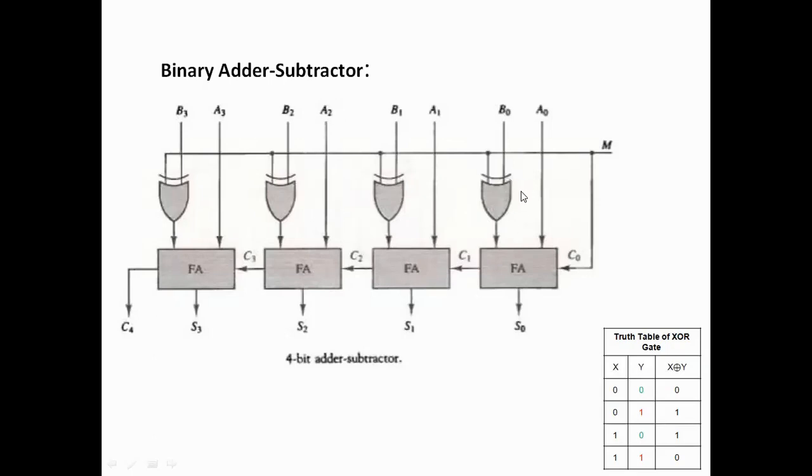So how will the Xor gate help us here? We can understand that by the truth table of Xor gate. If we look, this is the truth table of Xor gate. We have two inputs and this is the output.